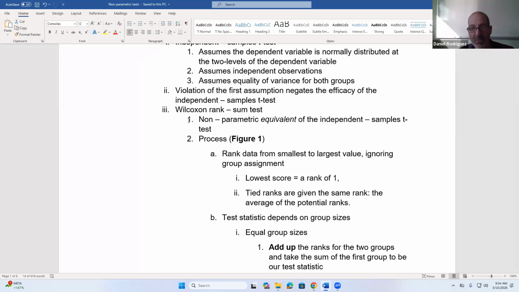People like to say a non-parametric equivalent. I don't know if I really want to say equivalent, but since most people say it, I'll say equivalent.